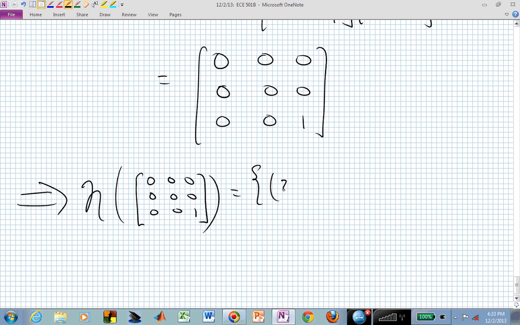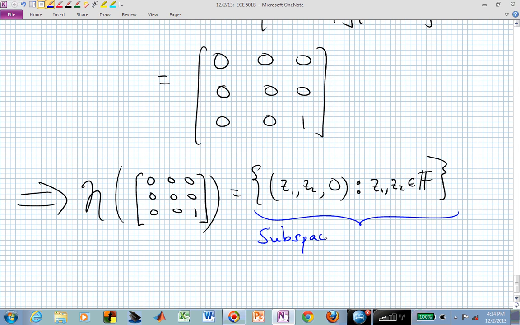That's really just any vector that has arbitrary values in the first two elements, z1 and z2, such that z1 and z2 belong to F, where this is now the subspace. That's not one-dimensional, is it? Because z1 and z2 are independent of each other. They're not connected.